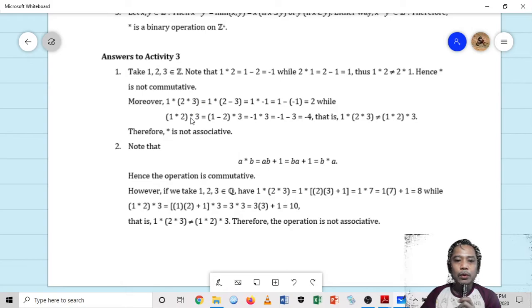Meaning the two operations do not give the same answer if we change the grouping. That is, 1 operation the quantity 2 operation 3 is not equal to the quantity 1 operation 2 operated to 3, meaning the operation is not associative.